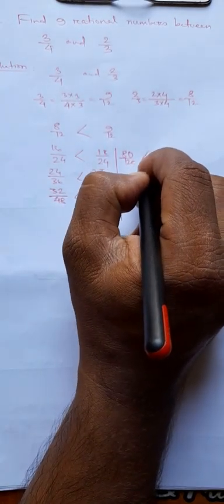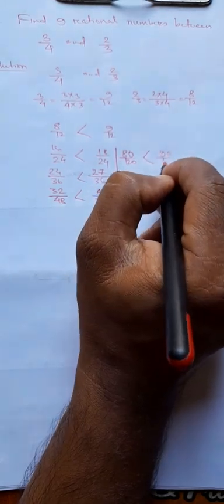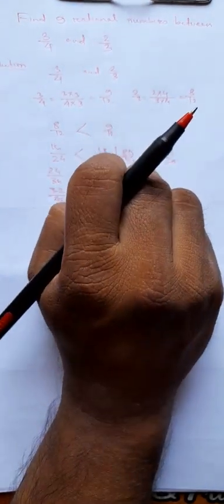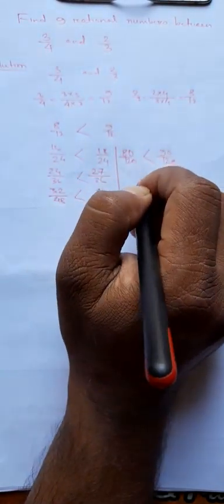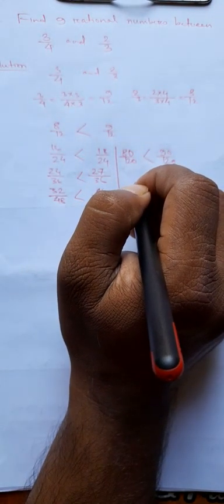is less than 90/120, simply by multiplying both numerator and denominator by 10. Now in between 80 and 90 you can think of rational numbers.